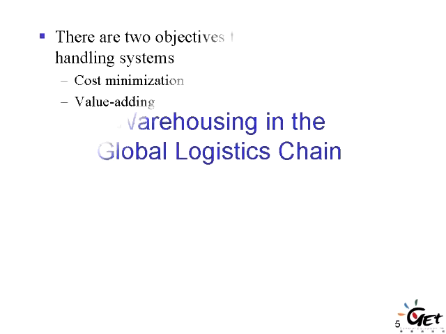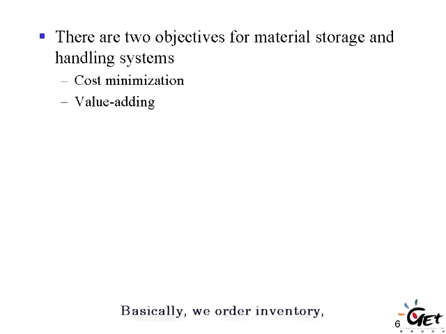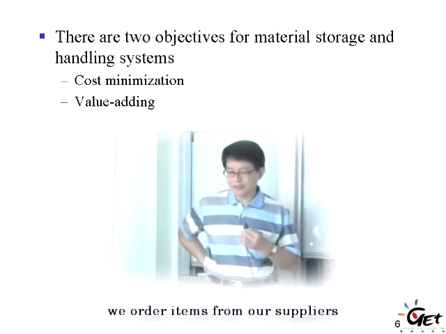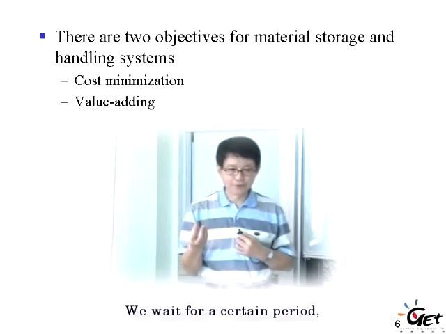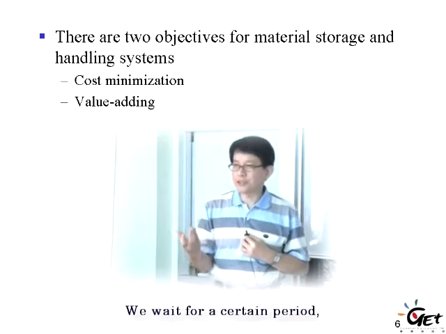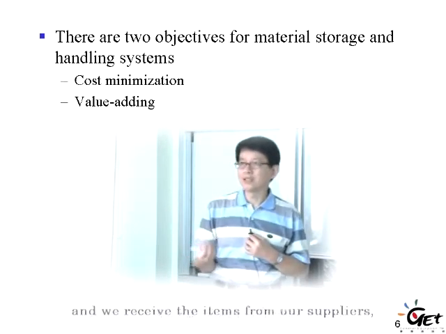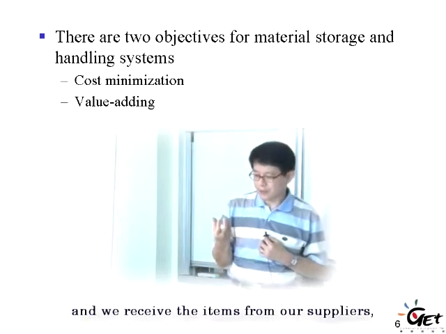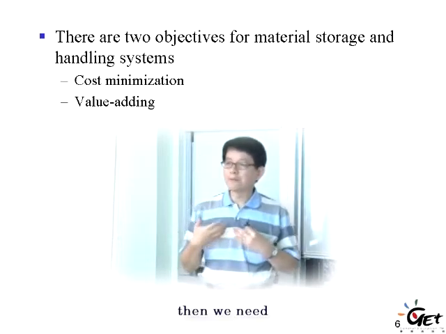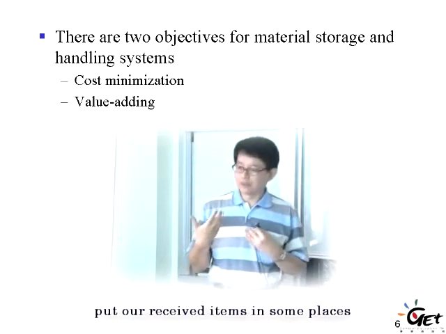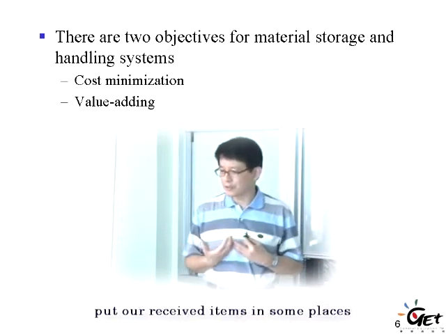Basically, we order inventory, we order items from our suppliers, right? And we wait for a certain period, which we call the lead time, and we receive the items from our suppliers. Then what? Then we need to put our received items in some places, right?